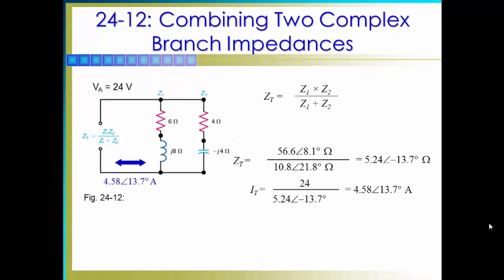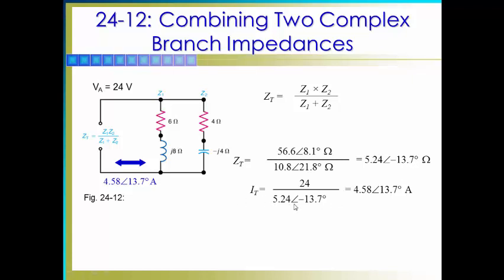So here we have figured out the total impedance of the circuit, and if we know the voltage, which was 24 volts, we can divide that to get the current. Again, in this case, when you divide the two numbers in polar coordinates, you just divide the coefficients and then subtract the angles from each other to get, in this case, negative 13.7.